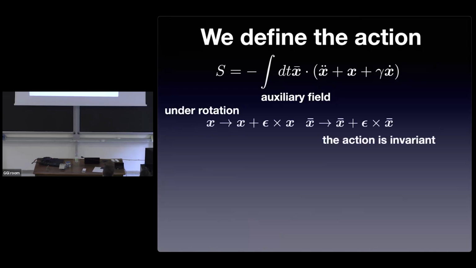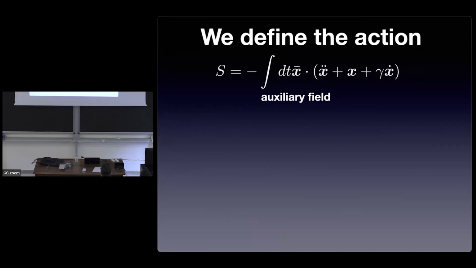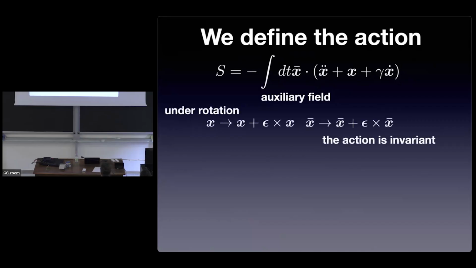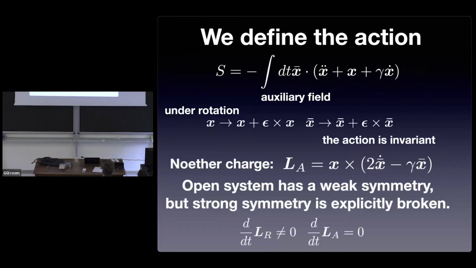The equation of motion for x bar gives you the equation of motion for this one. This action is invariant under the rotation given by this one. Since we have the action, we can define the Noether charge for this action, and that is nothing but this form.